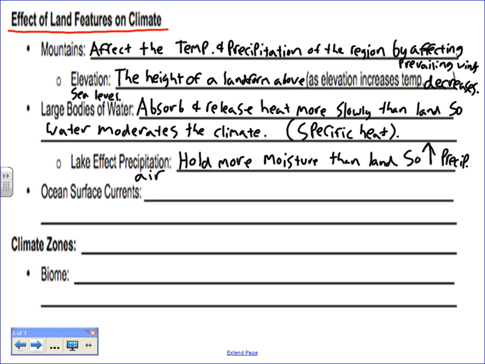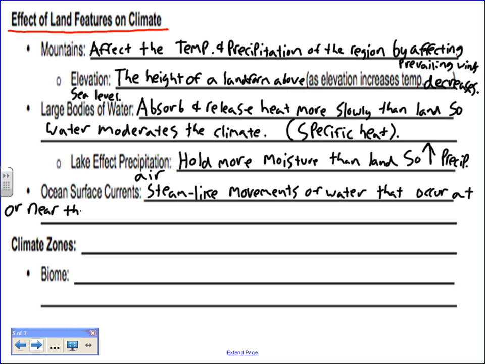Okay? Ocean surface currents is another thing that we're going to look at. And those are stream-like movements of water that occur at or near the surface of the ocean, and they move or carry warm or cold water that affect the temperature.